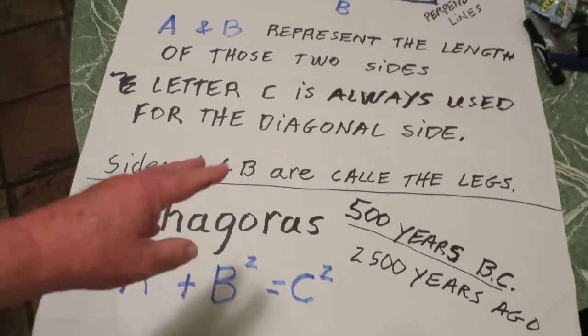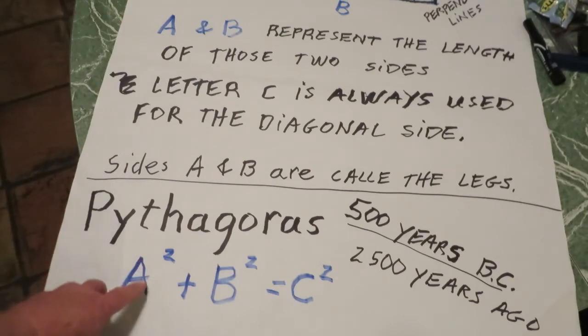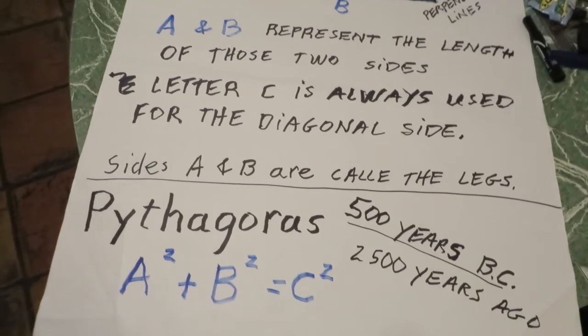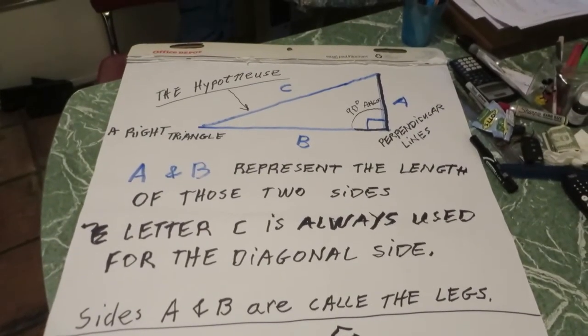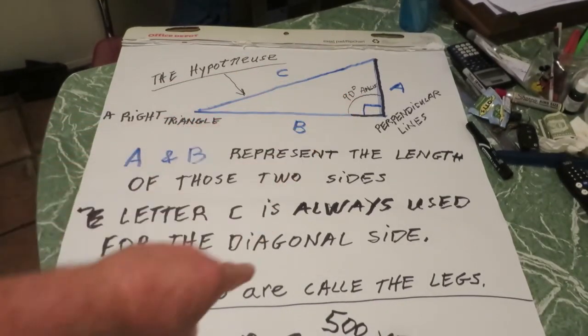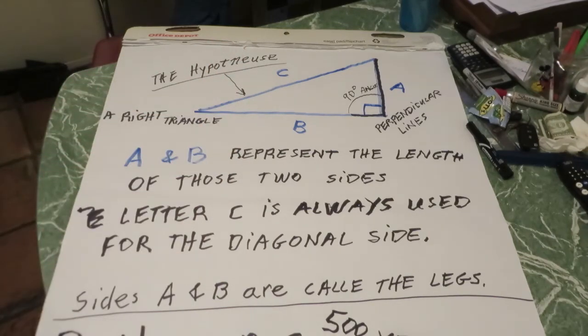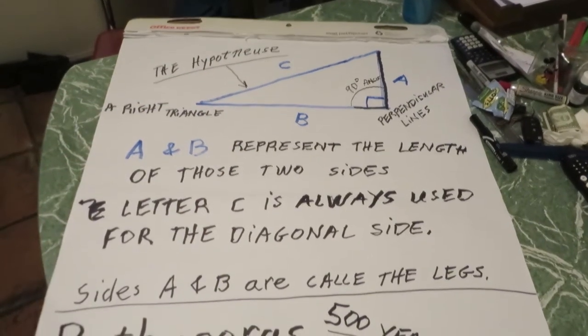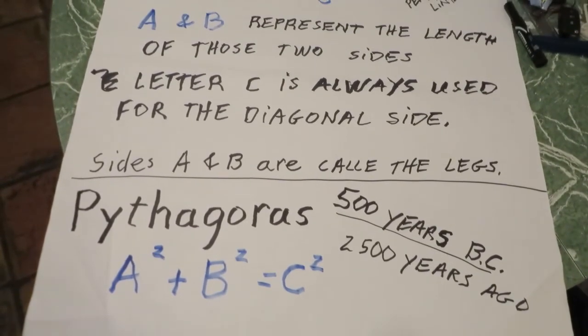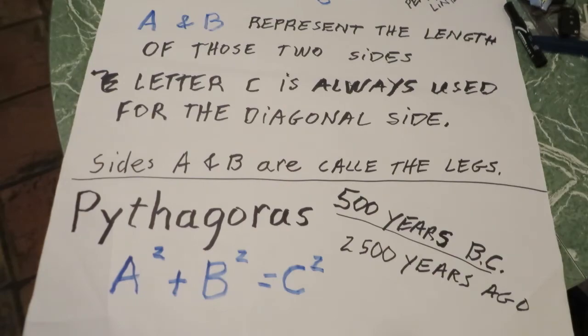If you have the length of any two of the lines in a right triangle, you can figure out the third one. This is used over and over again in geometry because it's super useful. You can figure out the distance to a lot of things.